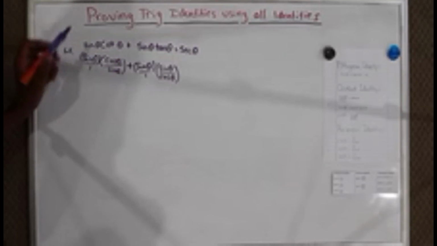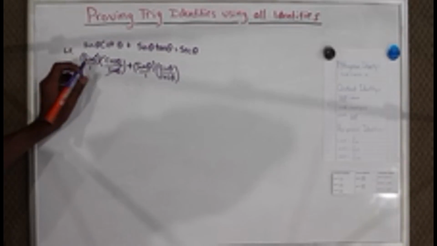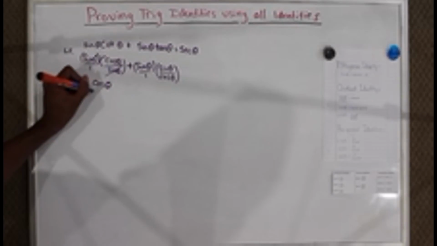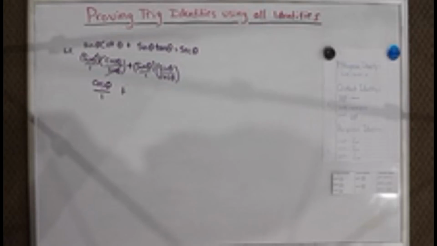So now if we want to multiply this, we can see that this sine over here is dividing with this sine over here. So when you're multiplying, these two cancel out. So at the end, we're going to be left with cos theta over 1 plus, and then over here you can see that we don't have the same thing, so we're going to have to change that up a bit.